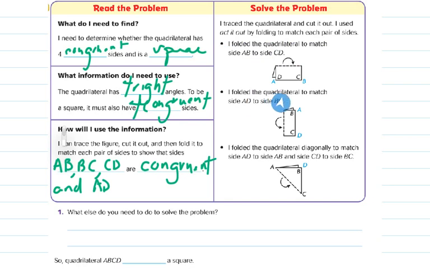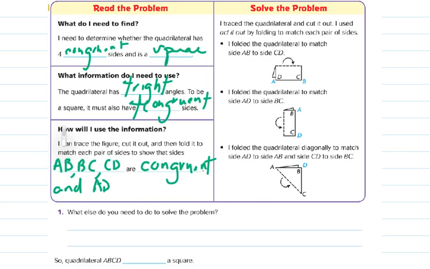Next, I fold the quadrilateral to match the side AD to the side BC. Finally, I fold the quadrilateral diagonally to match the AD side to the AB side and the CD side to the BC side. It says, what else do I need to solve the problem?